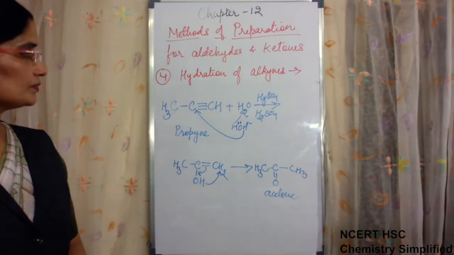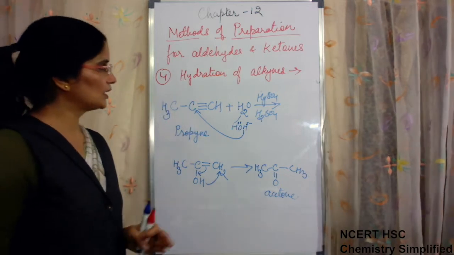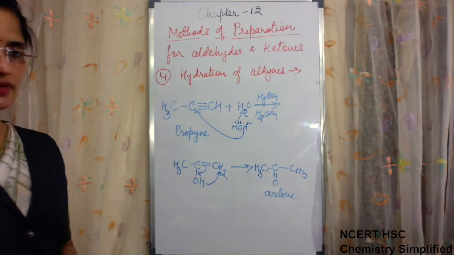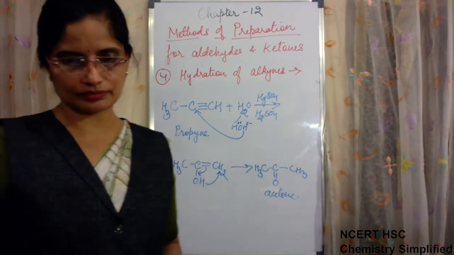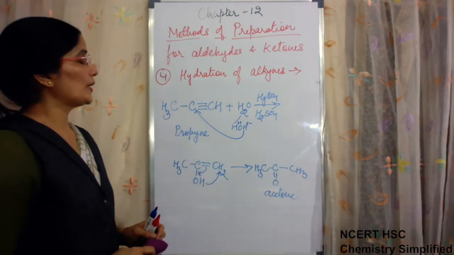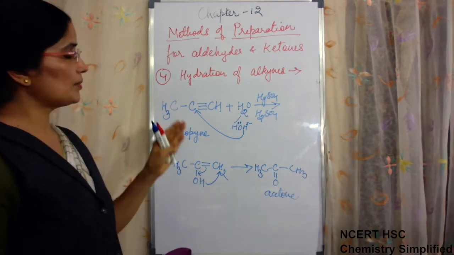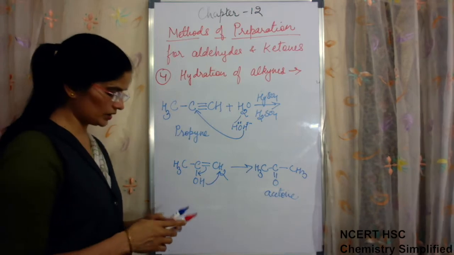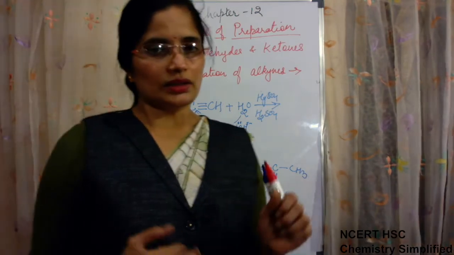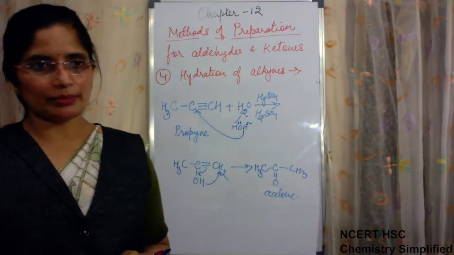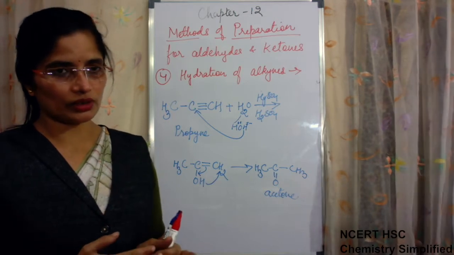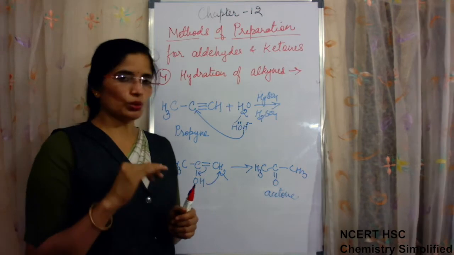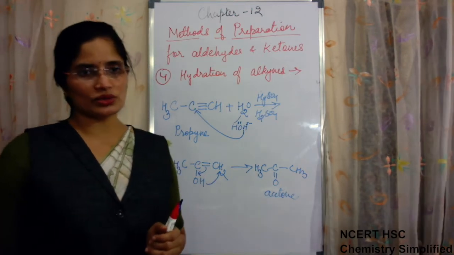So by taking propyne we can obtain acetone by this reaction. Okay. So these are 4 methods by which we can prepare aldehydes as well as ketones. Now these were the methods by which we can prepare both. Now we have to come to those methods by which only aldehydes and only ketones can be prepared.